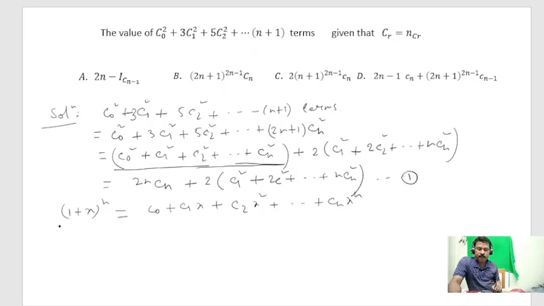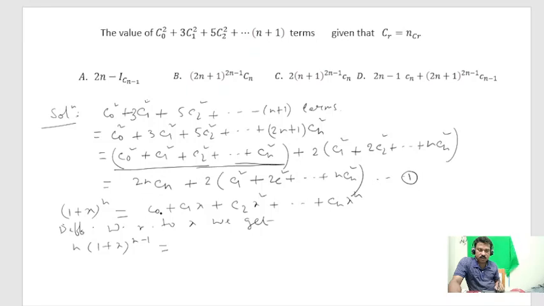We differentiate with respect to x and we get n into 1 plus x whole to the power n minus 1.